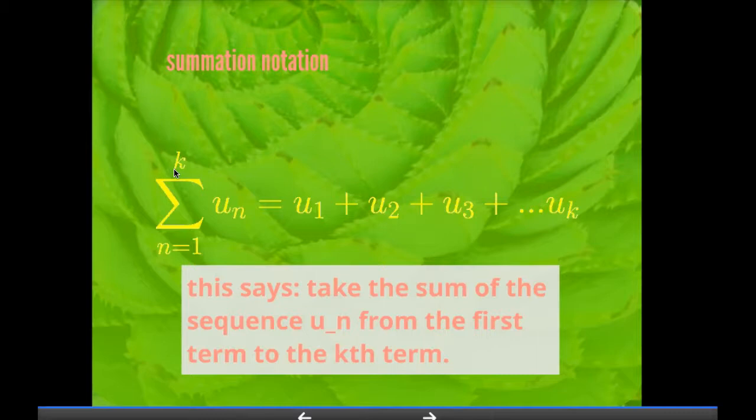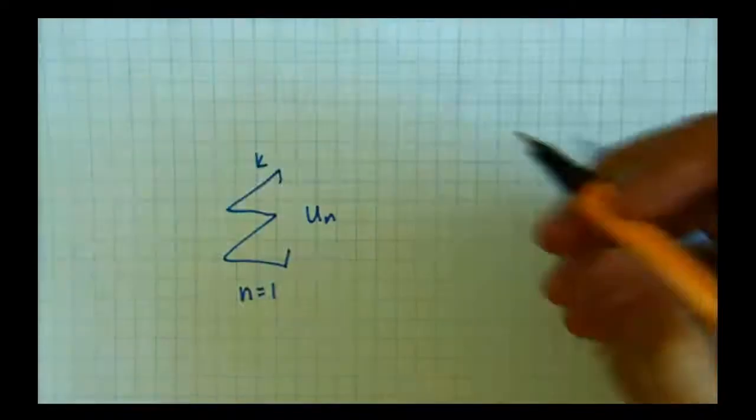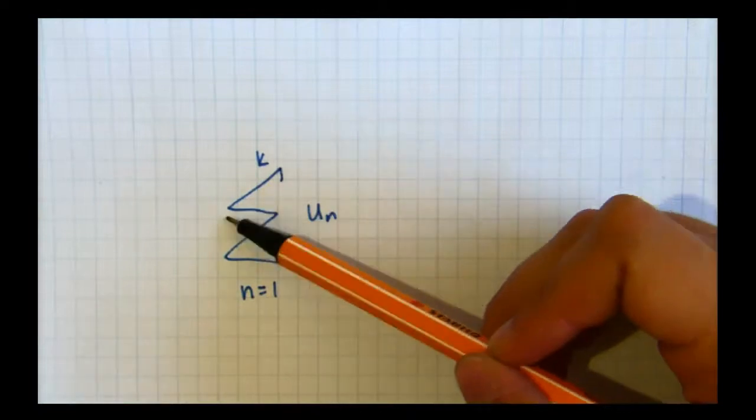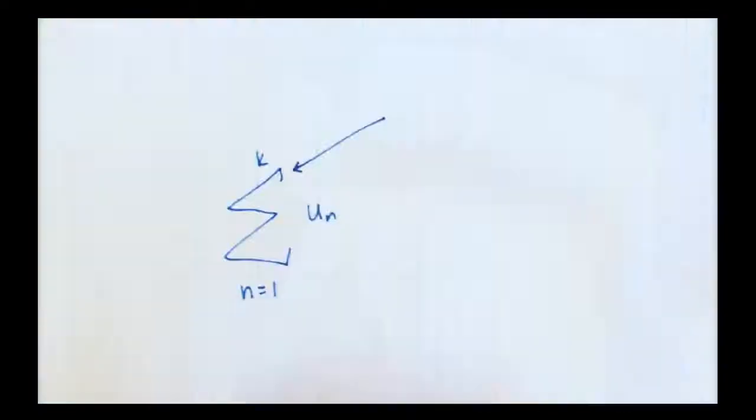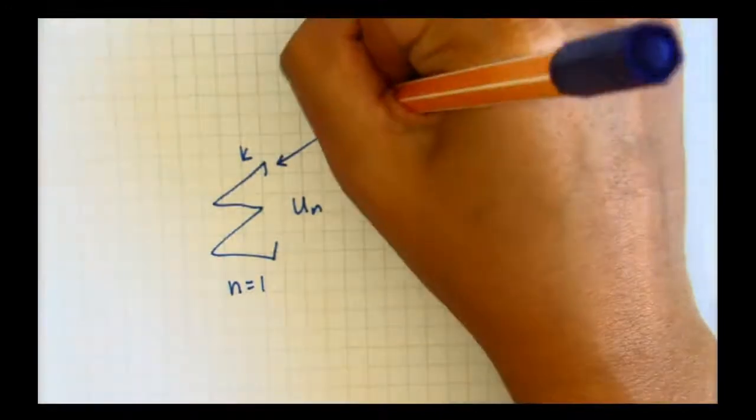And so I'm going to put just some words to this notation. When you've got this big Greek letter, this big Greek letter is called sigma.